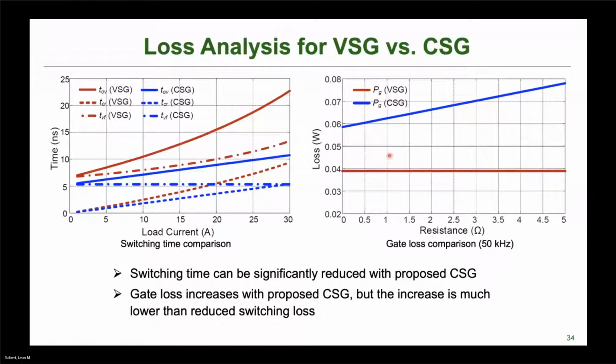And then this is showing how much loss there is in these two gate drives. There is more loss in this current source gate drive, but it's small. It's just a few milliwatts, and so compared to what you're saving in the device itself, this is almost negligible.